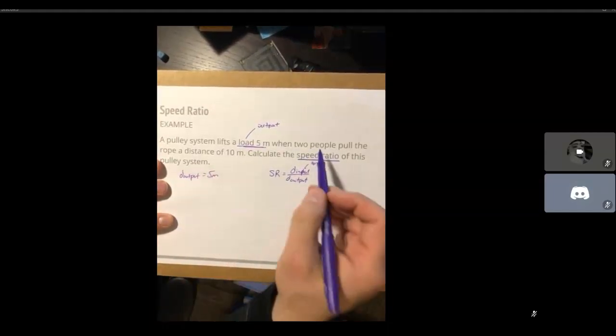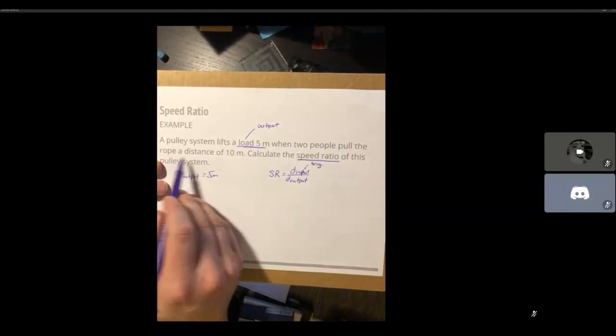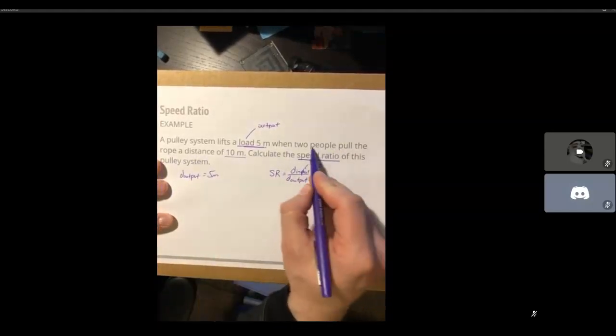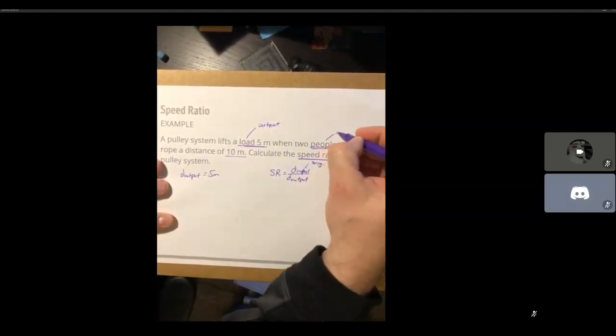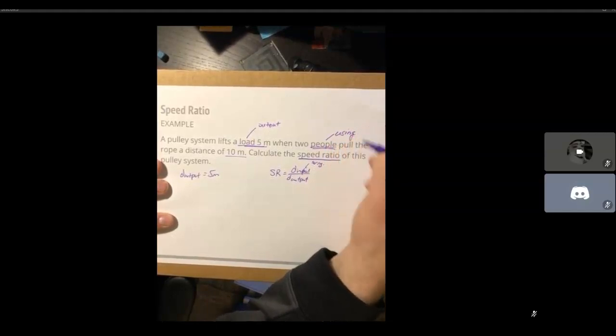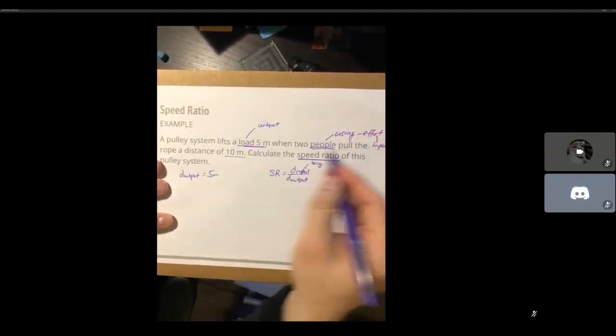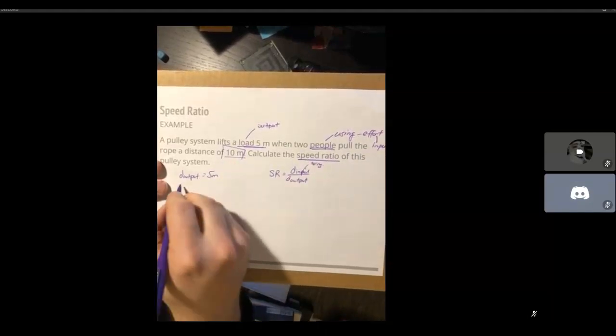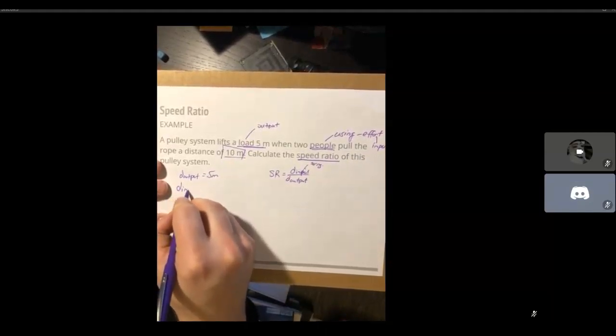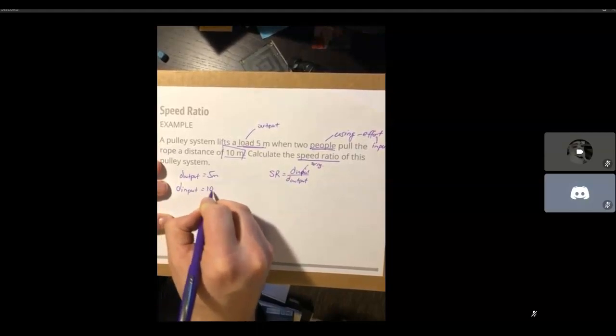And then when 2 people pull the rope a distance of 10 meters, well, if people are pulling the rope, they're using the machine, so they must be putting effort in. Effort is always associated with input. So this 10 meters must be our input distance.